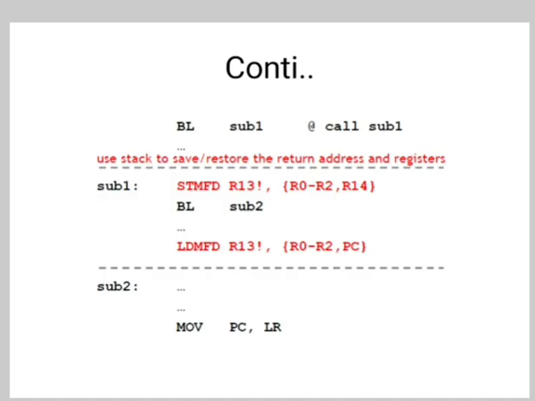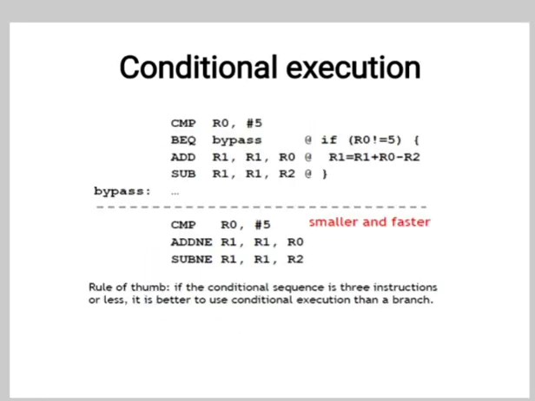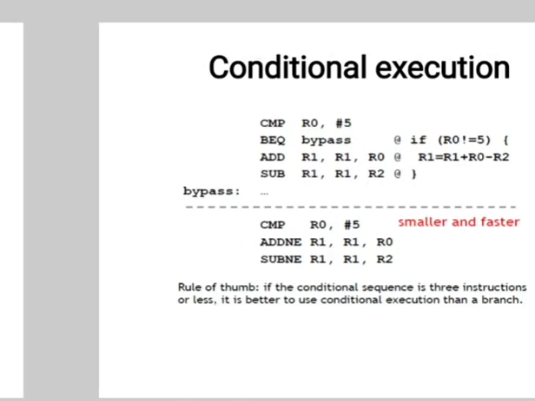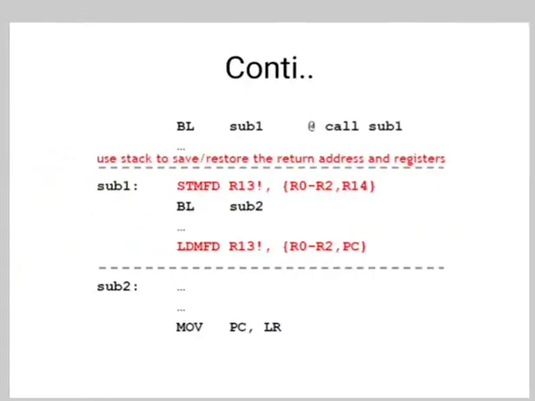So here sub 1, that is subtraction 1, and 2 is given. So it is R0 minus R2, comma R14. Now conditional execution. This sub 1 means a subroutine return instruction.